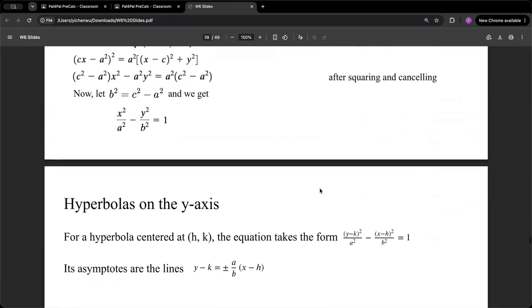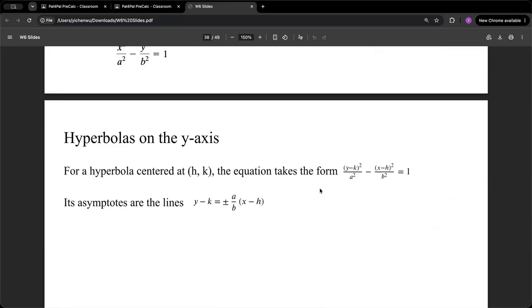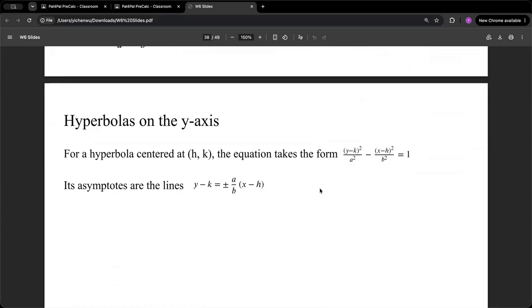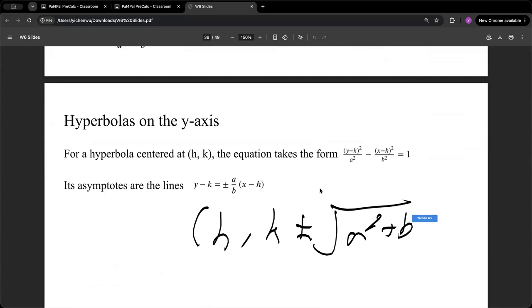And with this, you can also derive the formula of the foci. Since the center is (h, k), the foci are (h, k) plus or minus the square root of a squared plus b squared, if I'm not wrong.